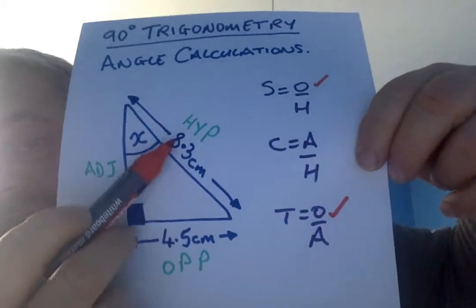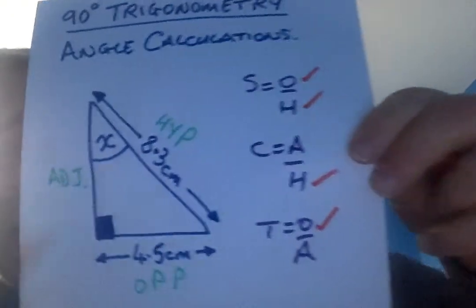I'm going to tick off my H for hypotenuse, which identifies, in this case, two ticks, my S or sine function. So I've identified 90-degree trigonometry, and I'm going to use my sine function to get my angle.